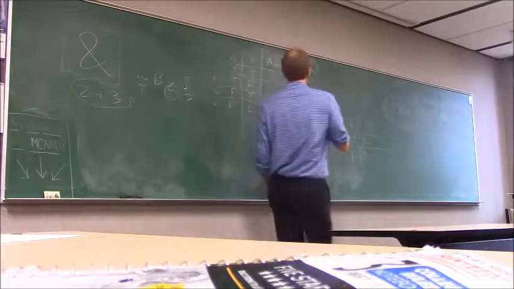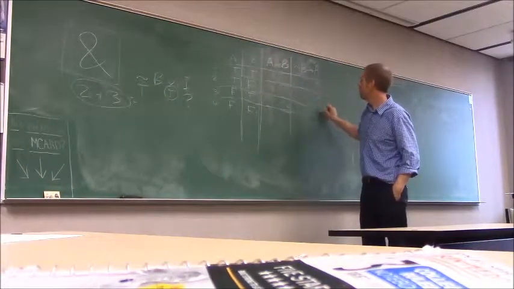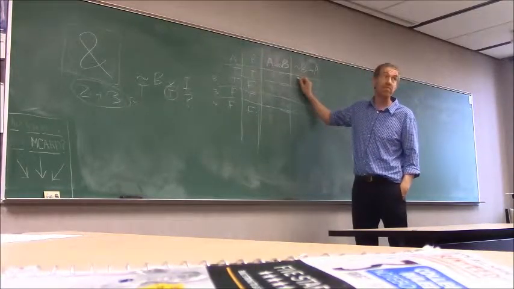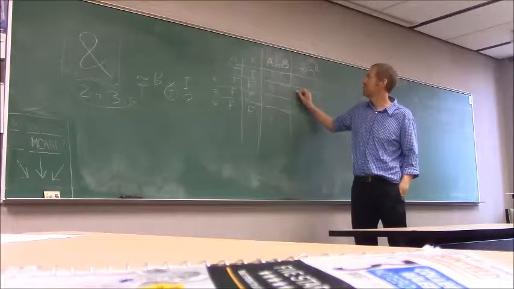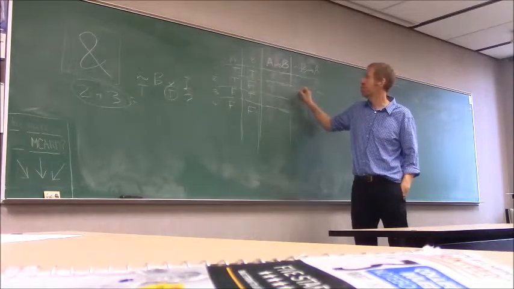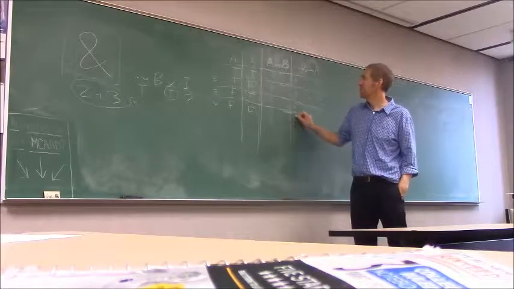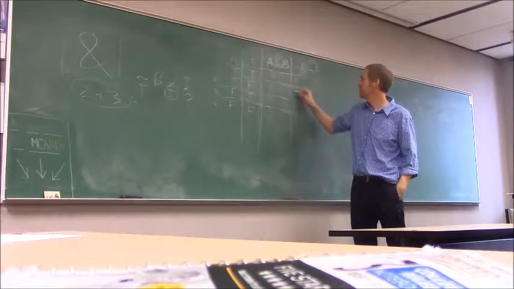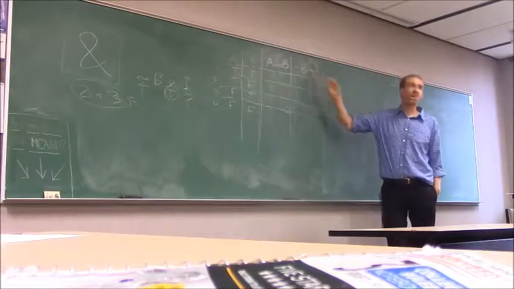Alright, so A is true, true, false, false. Not B is false, true, false, true. In other words, it's the opposite of B. B is true, not B is false. False, so it goes false, true, false, true. Now, this is a conditional.